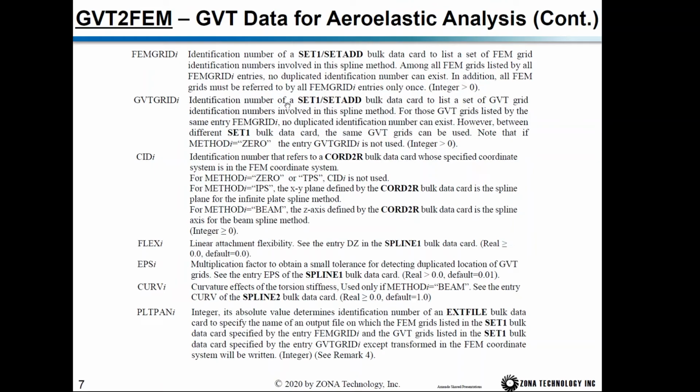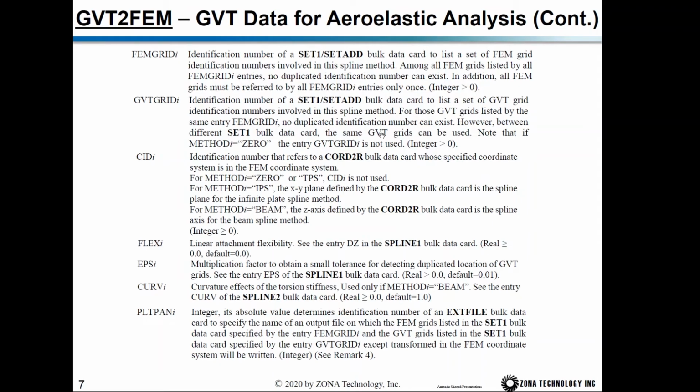And GVT GRID is again an ID of SET1 or SETADD to list out a set of GVT grid IDs involved in this spline. For those GVT grids listed by the same entry FEM GRID, no duplicate ID can exist. However, between different SET1 cards, the same GVT grids can be used.